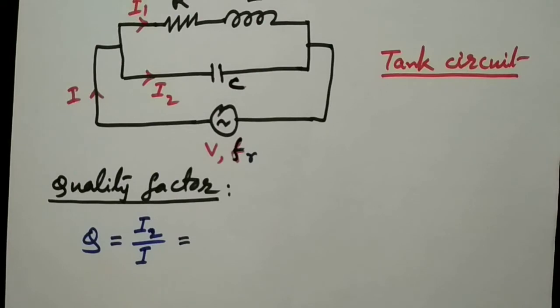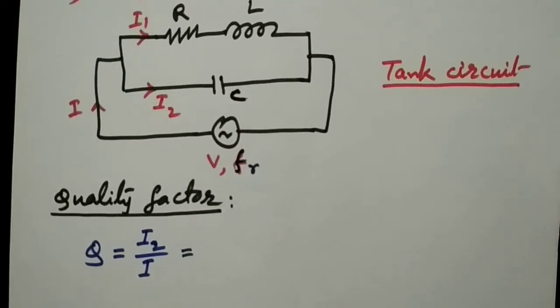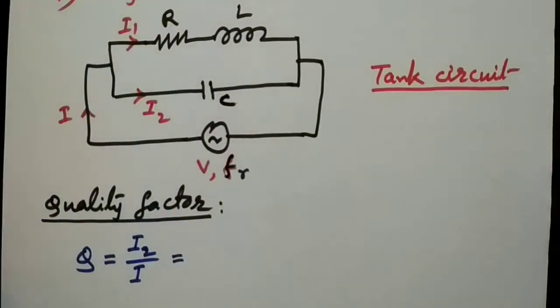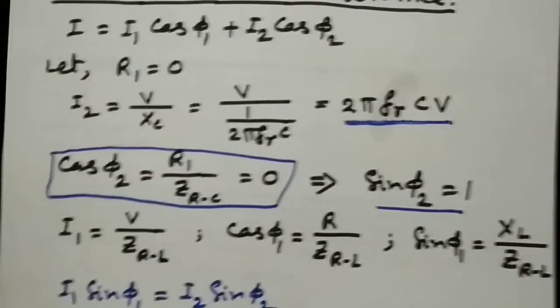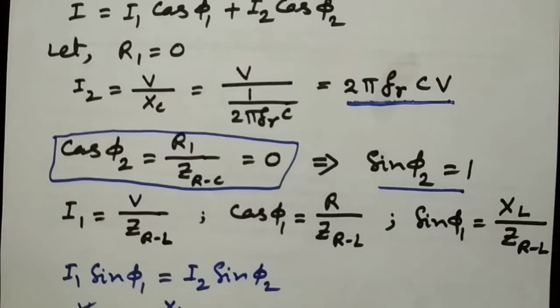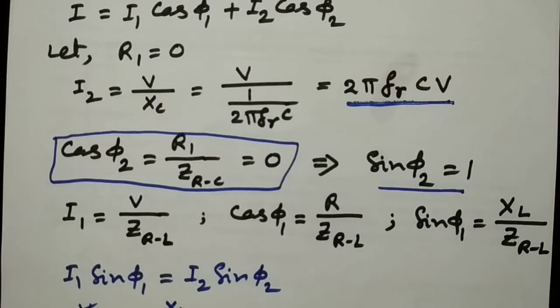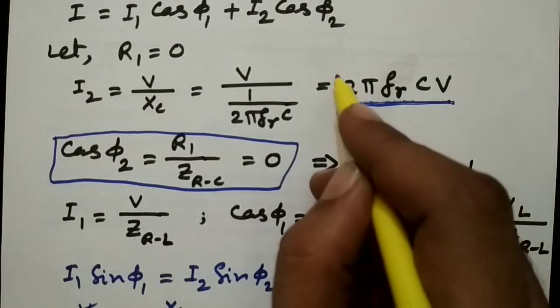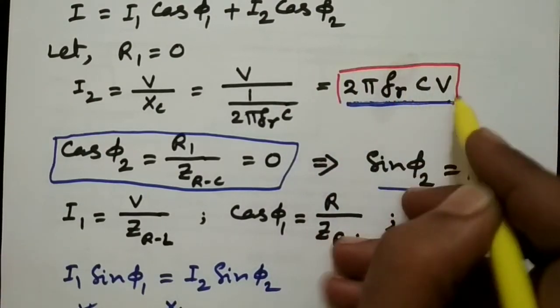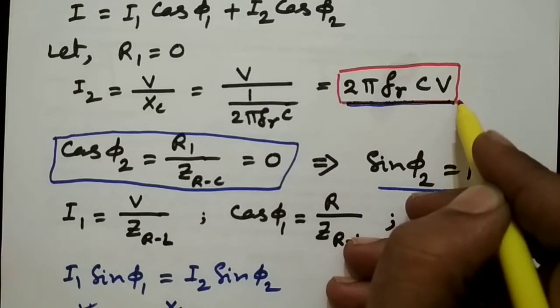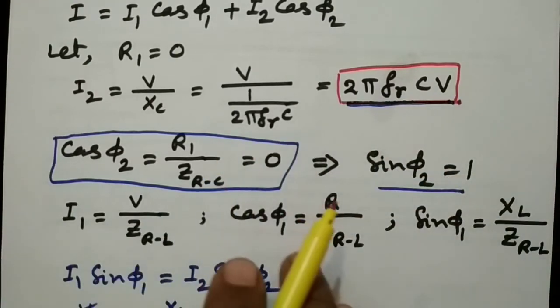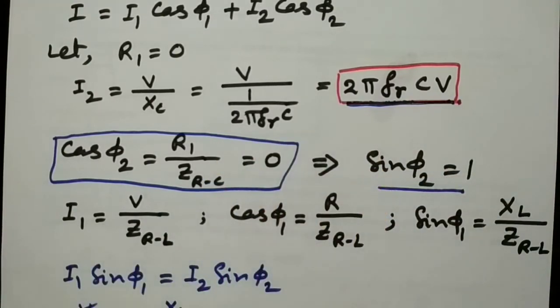As we have already seen that if the resistance of a capacitive branch becomes 0, then the corresponding current of the capacitive branch is 2 pi FR C into V, that we have already discussed during total circuit current calculation.